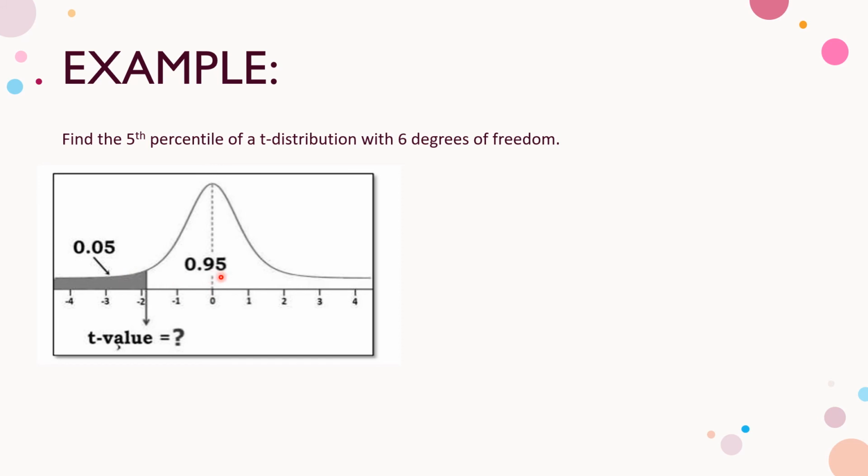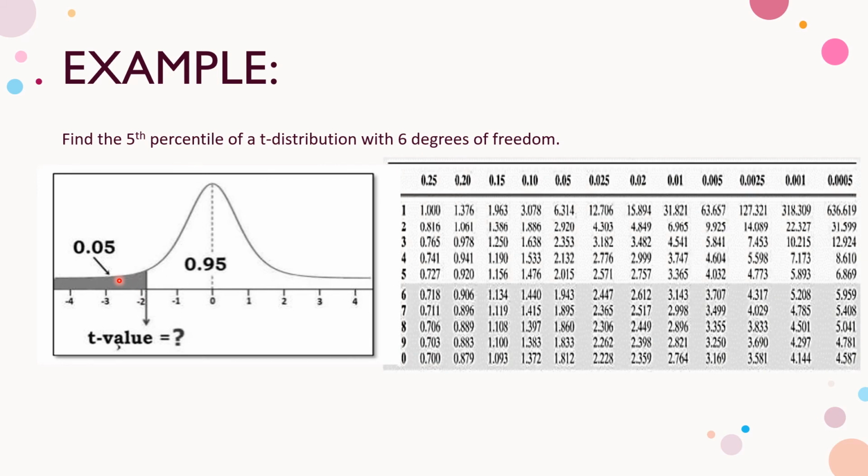So the area to the right is 0.95, and the area to the left is 0.05. If we are going to use a right-tailed table, we cannot find 0.95 as the area.